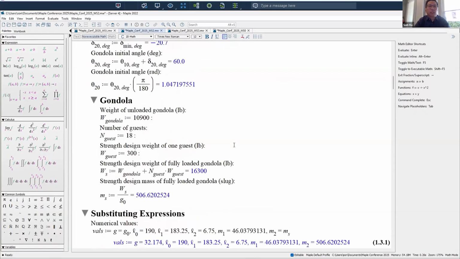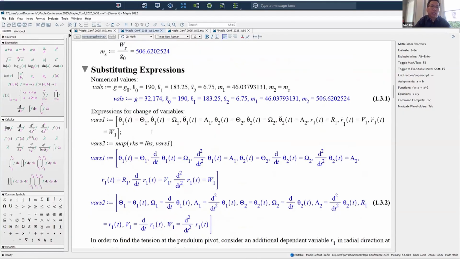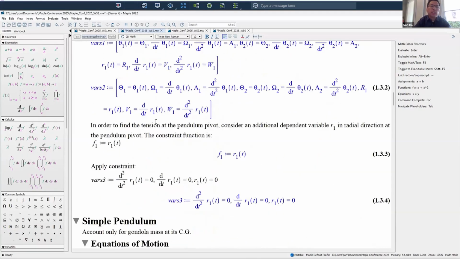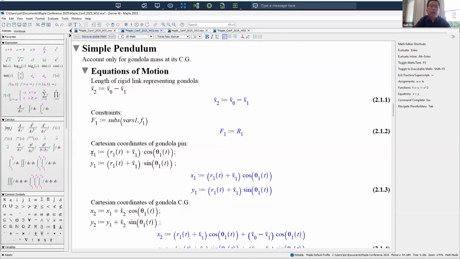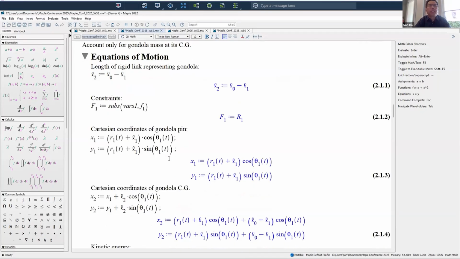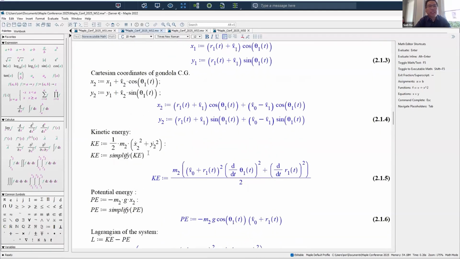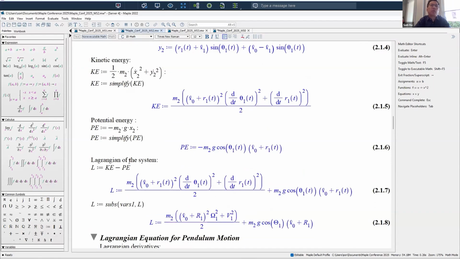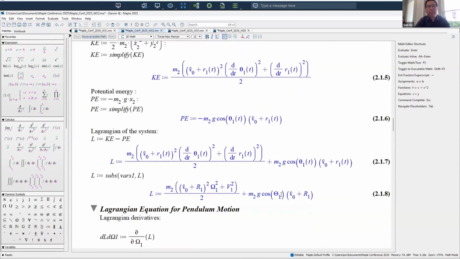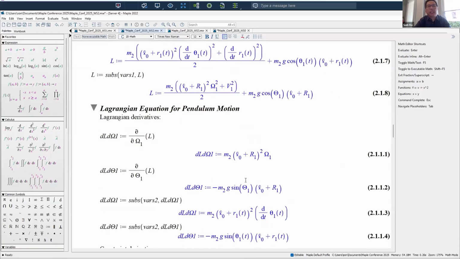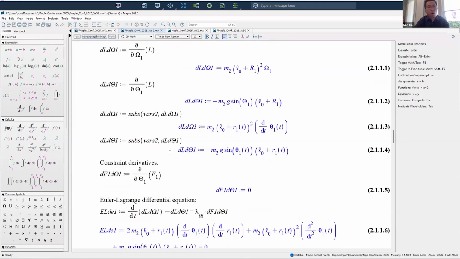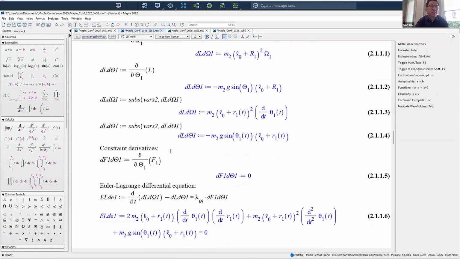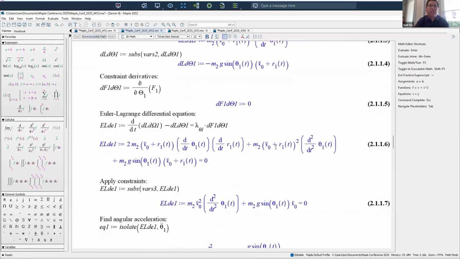Going through the substitution here, first thing is we write the Cartesian coordinates of the points, and then find the kinetic energy and the potential energy and plug into the Lagrangian equations, and we end up with this. More math, but these are just standard steps in Lagrangian equations.